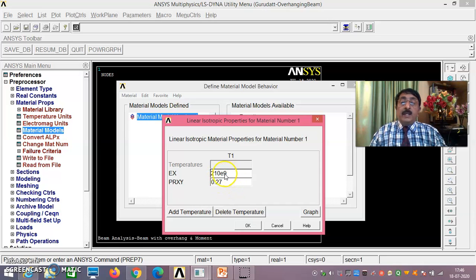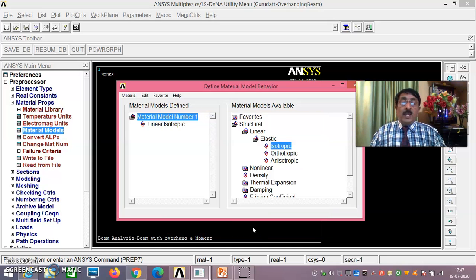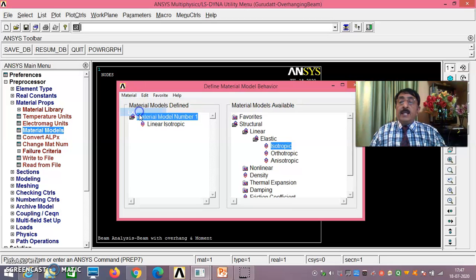This is the Young's modulus. It is in Newton per meter square. 210 into 10 to the power of 9, that is gigapascal, Newton per meter square. Compulsorily you should have everything in newtons and meters only here afterwards. That means automatically you should do the modeling in meters only. Then you just say okay, material, exit.